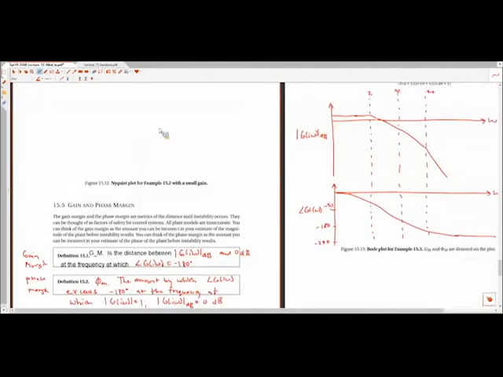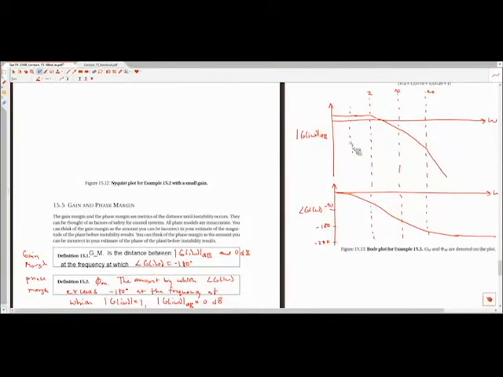So if we look at the Nyquist plot for this, and just pull off some frequencies of interest, let's pick out this frequency here.